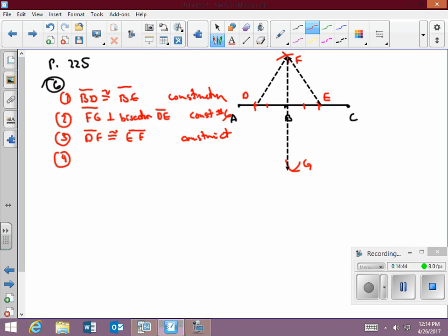I guess I probably wouldn't even have to do that. What I could actually say is angle ABF equals angle CBF equals 90 degrees, and that's by the definition of perpendicular.